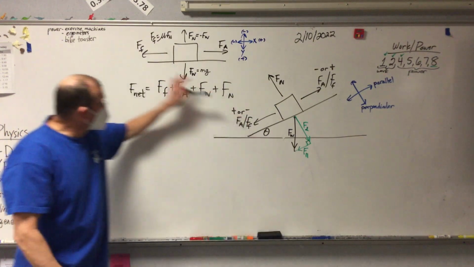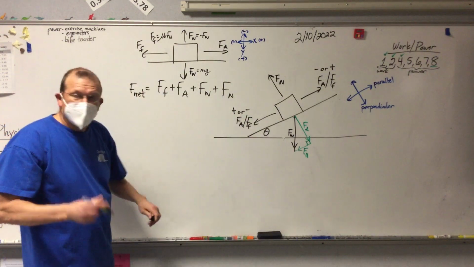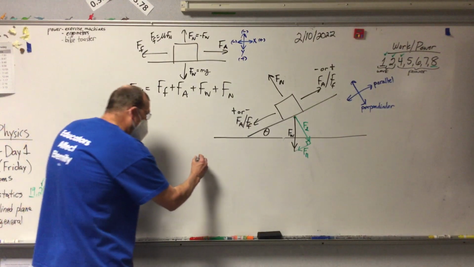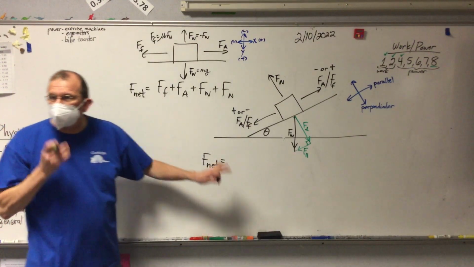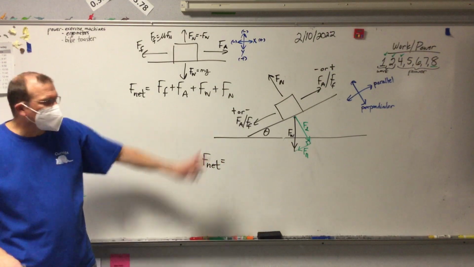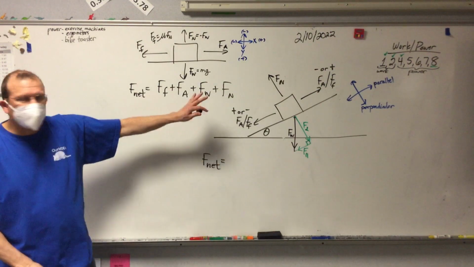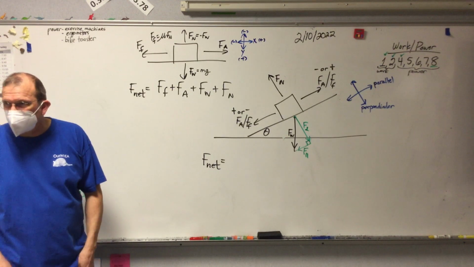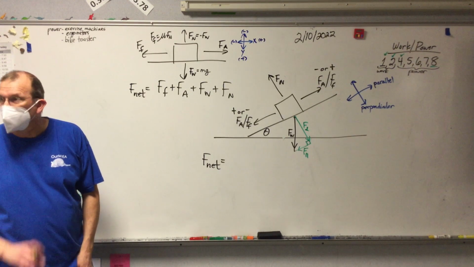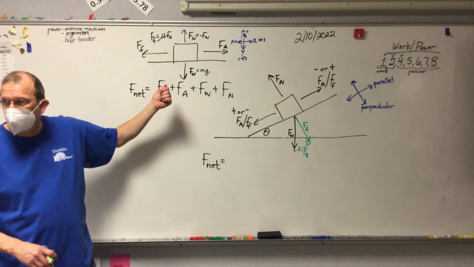Now, I'm going to come back to this. If we were to apply this net force concept here before we did the resolving, how many arrows did we have in there before we did the resolving? 4. Any different from these 4?